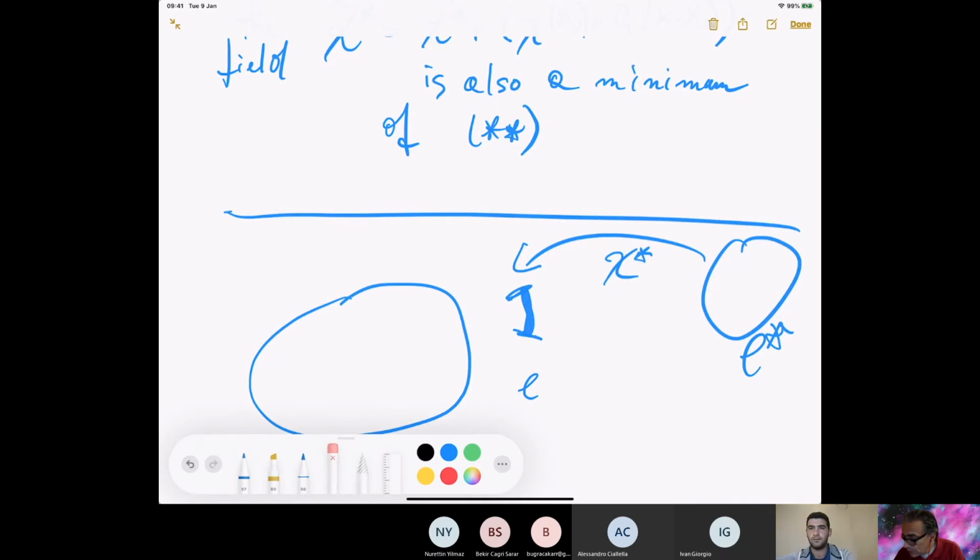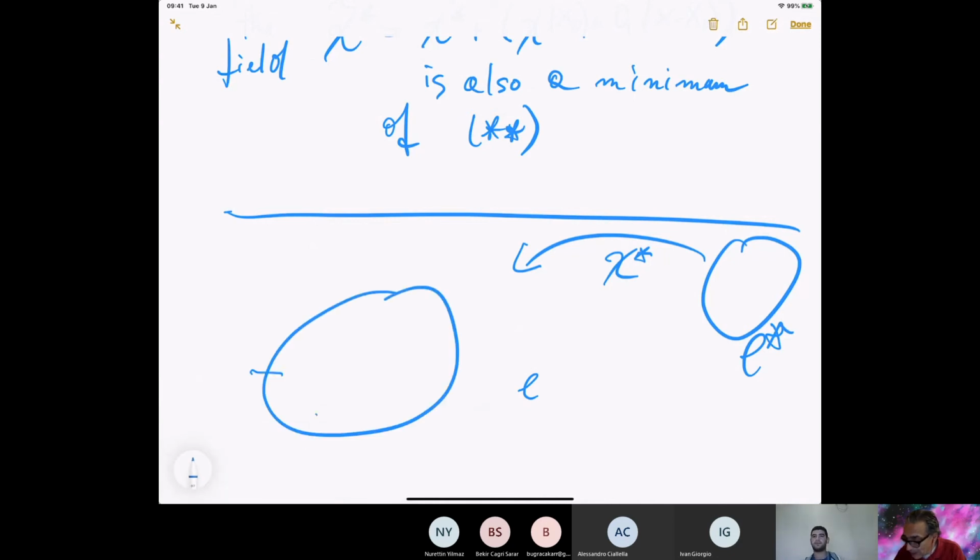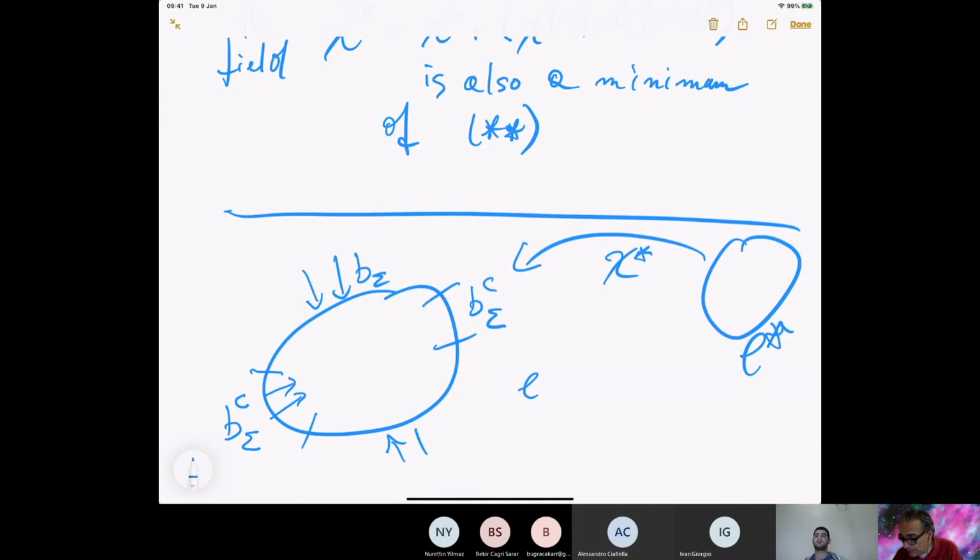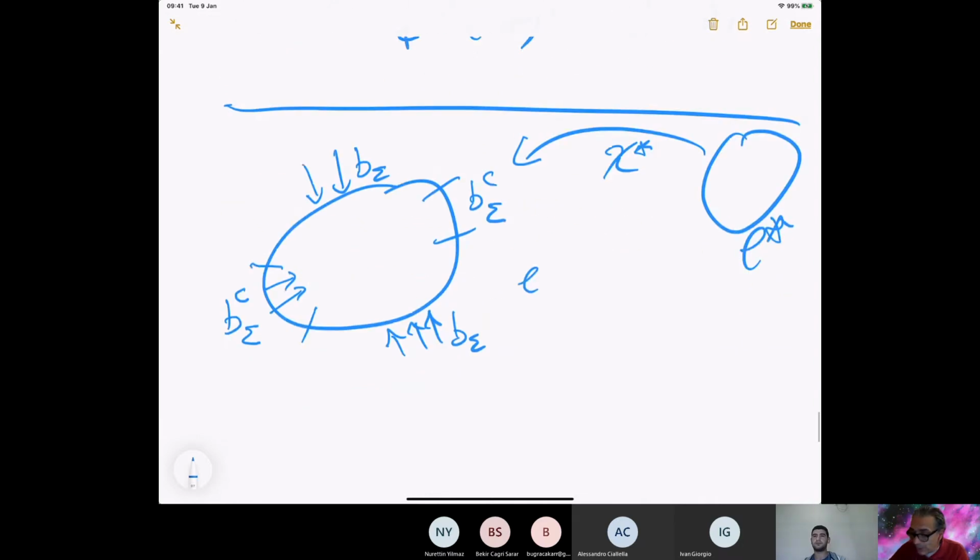So you don't give the displacement, but you replace essential boundary conditions with B constrained sigma, and you keep B sigma as before. The equilibrium with this new set of boundary conditions, which are all natural.